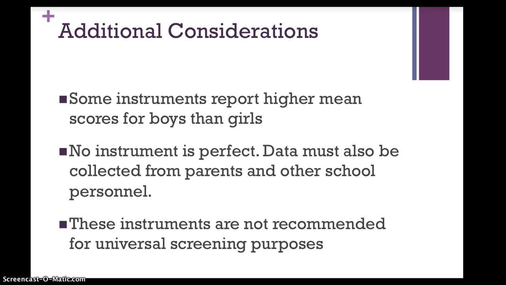There's error in every instrument. So also collecting a lot of information in addition to this, and that's an obvious point, but getting all the information you can from parents and other individuals who work with the child and know the child. And again, I mentioned before, these are not screeners that we use universally, like you might use a screener for something else in a school setting, obviously. These are screeners used only as indicated by those either predispositions or red flags that we mentioned earlier.